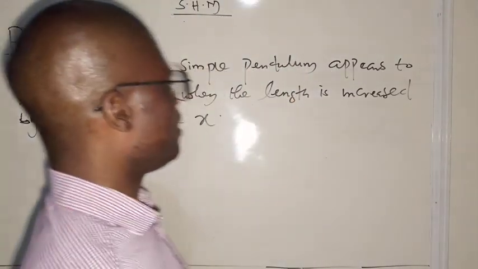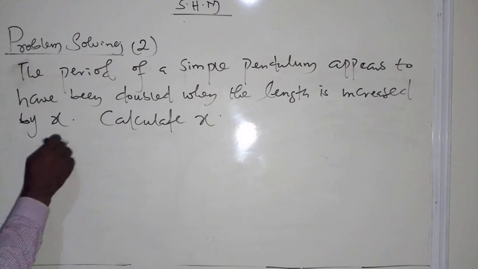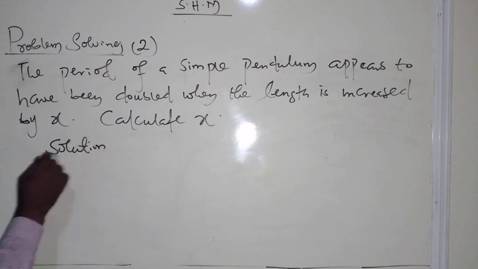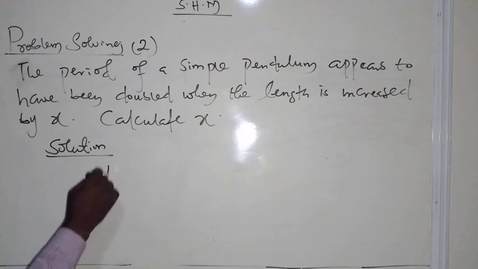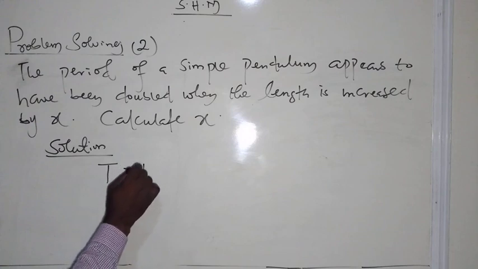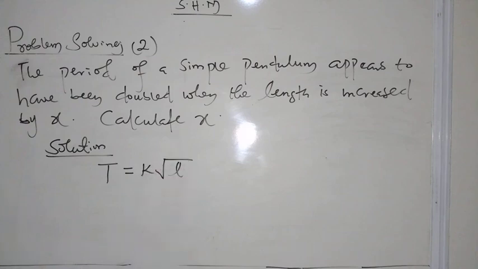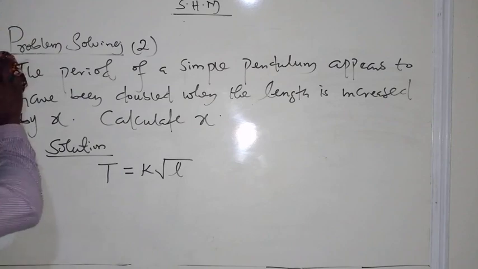All right, let's see what we can do on this. Solution. Going back to our equation of simple pendulum, which is T is equal to k root L. Now, the period appeared to double when the length is increased by x. So that means this is the first condition.